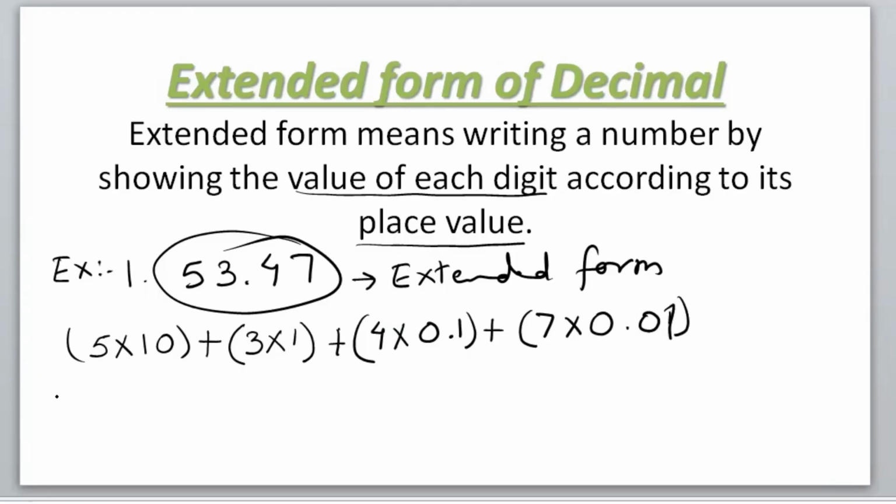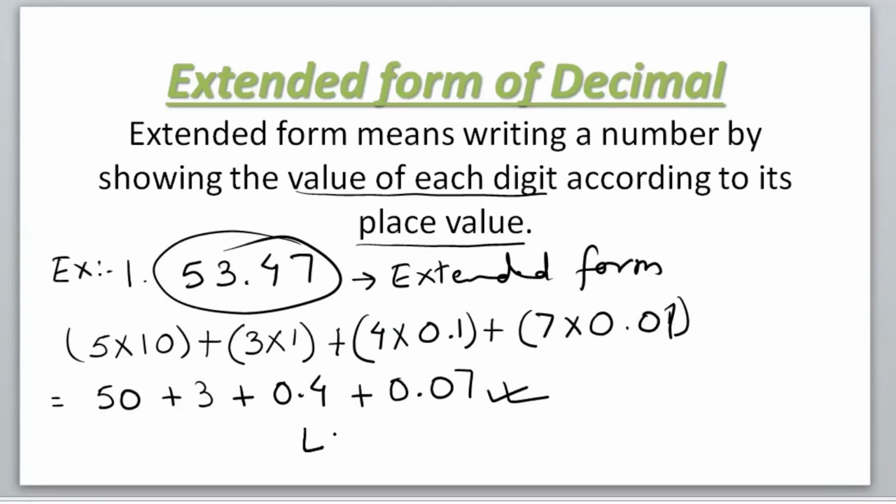Then alternatively, we can write it as 50 plus 3 plus 0.4 plus 0.07. So this is the extended form.